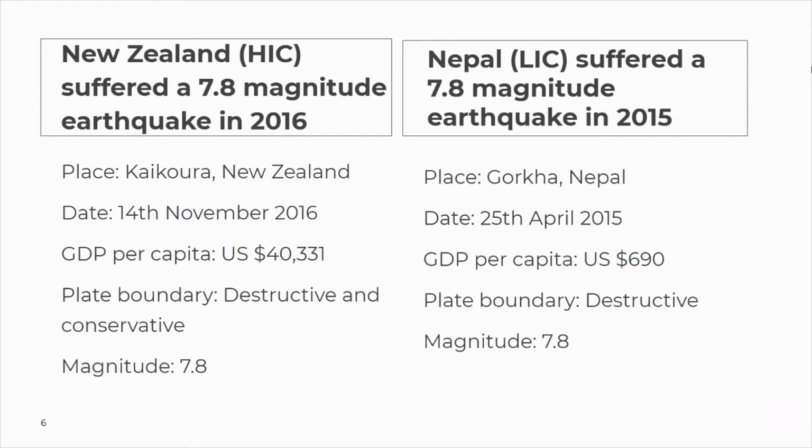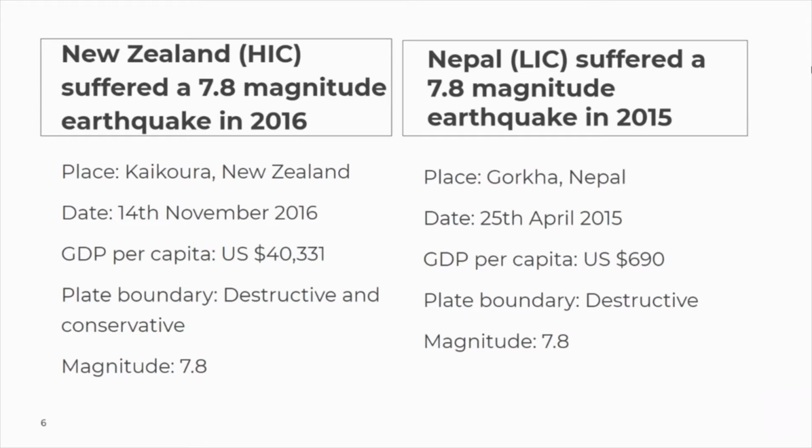Now, if we compare that to Nepal, the place that it happened there was called Gorkha, and it happened on the 25th of April in 2015. Now, we call Nepal a low-income country, a LIC, and the reason being is because they have a GDP per capita of $690 per year.